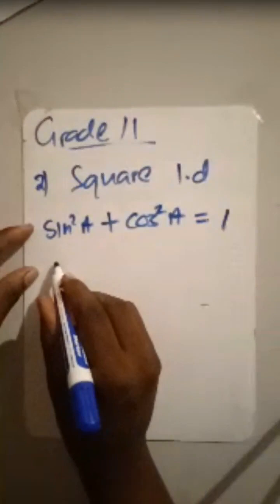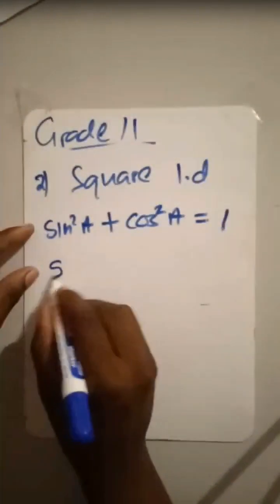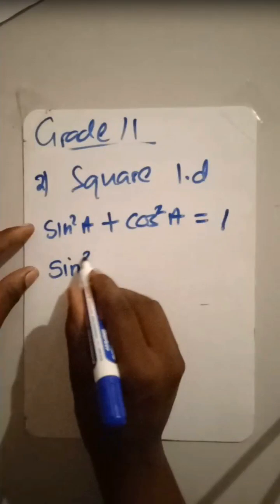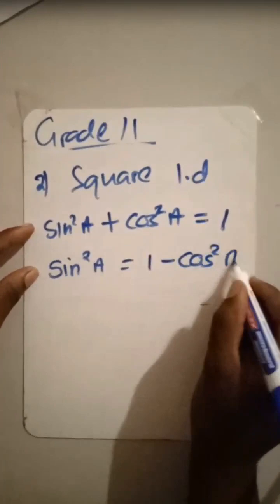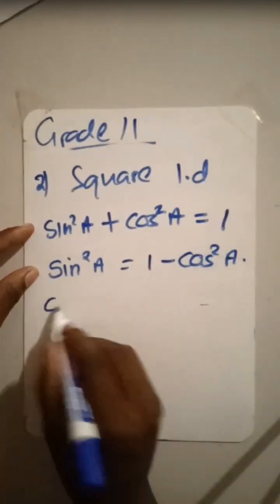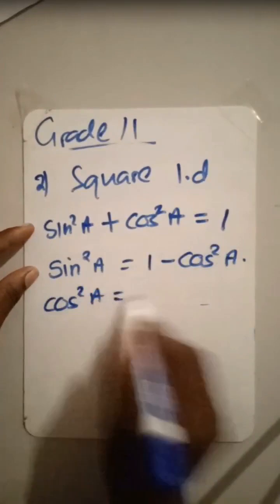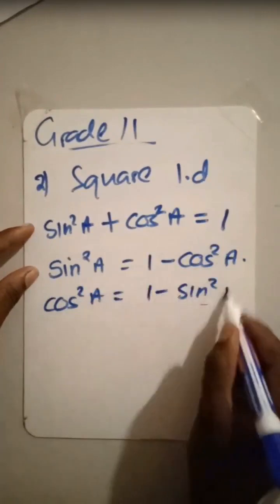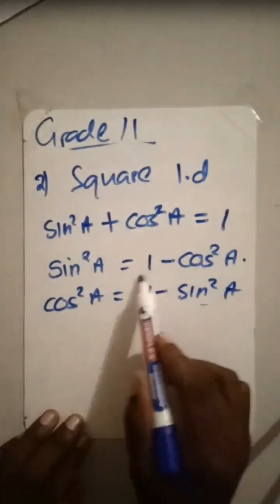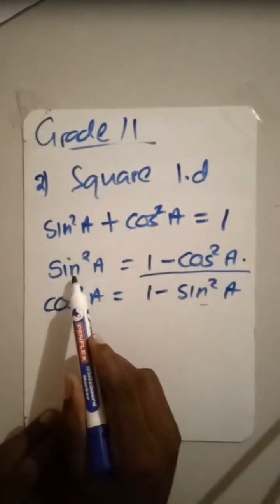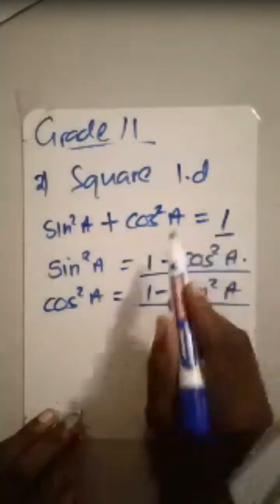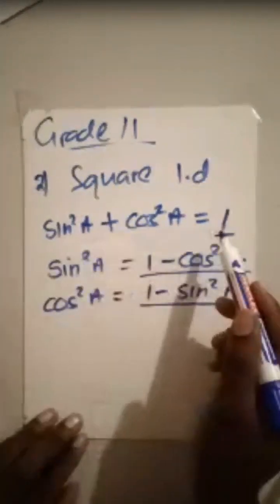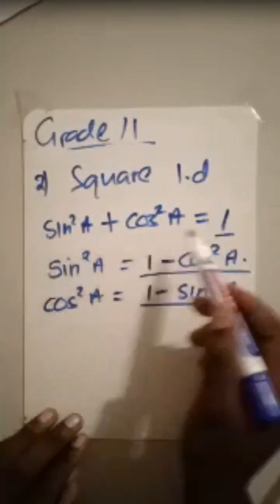For example, we can make sine squared A the subject of the formula, which is going to be sine squared A is equal to 1 minus cos squared A. Making cos squared A the subject, we have 1 minus sine squared A. So whenever we see 1 minus cos squared A, it is the same as sine squared A. Whenever we see 1 minus sine squared A, it is the same as cos squared A. And whenever we see 1, we know that it's the same as sine squared A plus cos squared A. Or where we see sine squared A plus cos squared A, it is the same as 1.